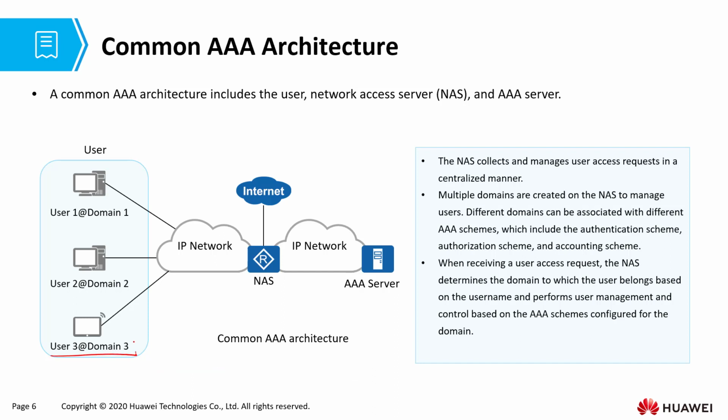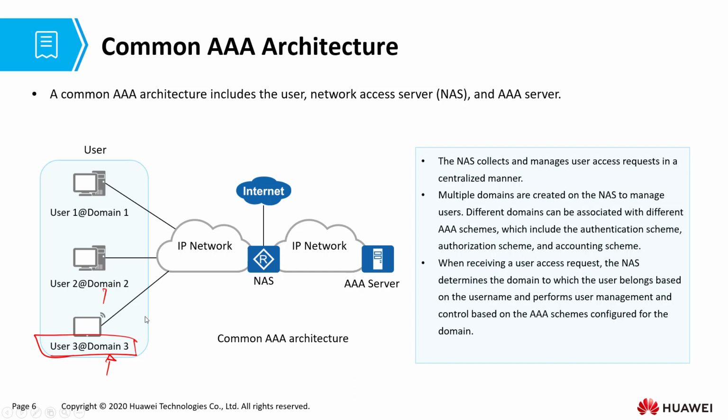So this is the full name of the user. It includes the domain name. The network access server will then perform user management and control based on the authentication scheme, the authorization scheme, and accounting scheme configured for that particular domain. This is domain 3, this is domain 2.